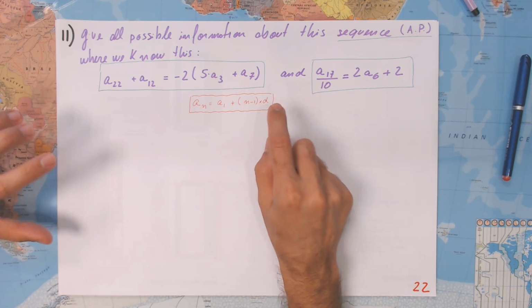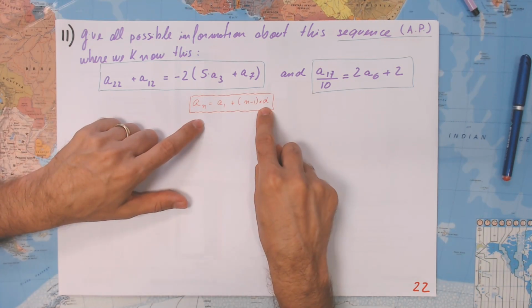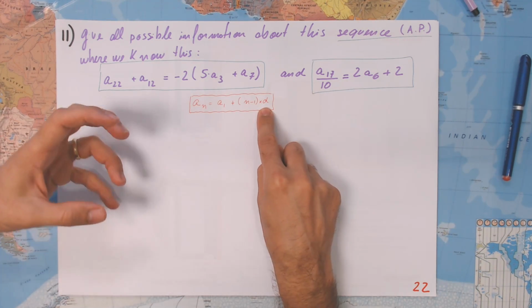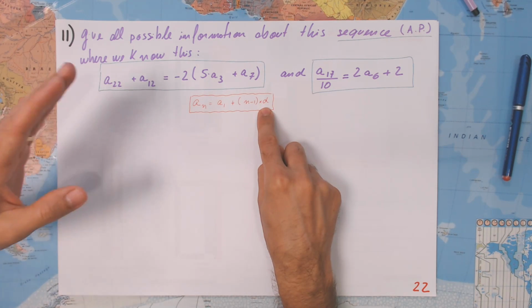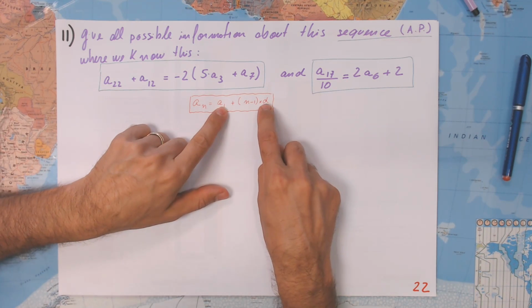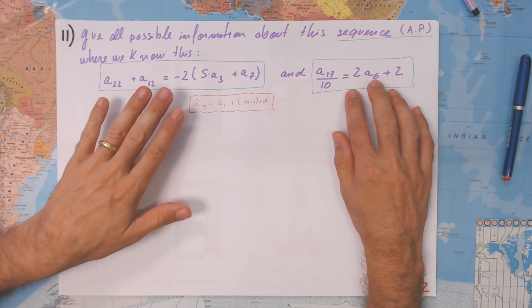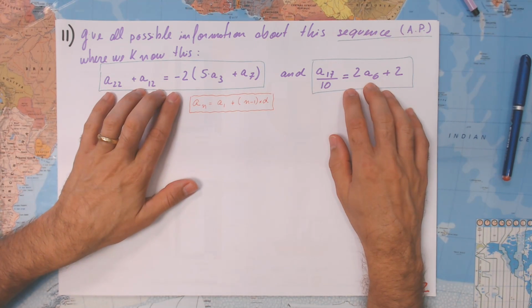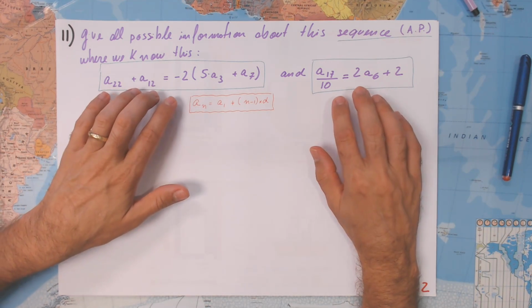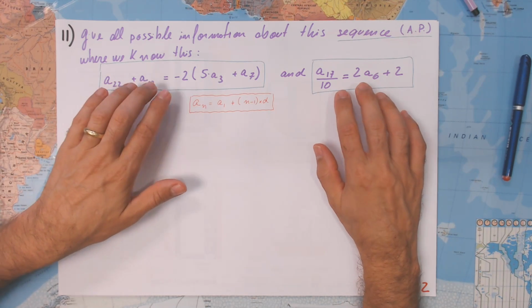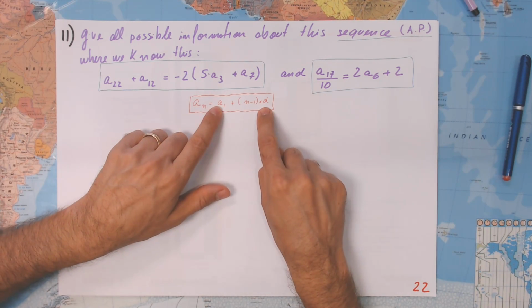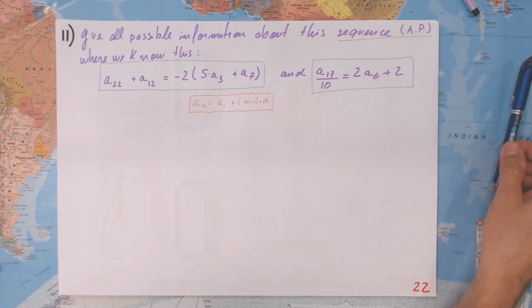So when we use this formula, we rewrite all the terms on this sequence as functions of A1 and D. We have two equations and two variables, nothing else to worry about.